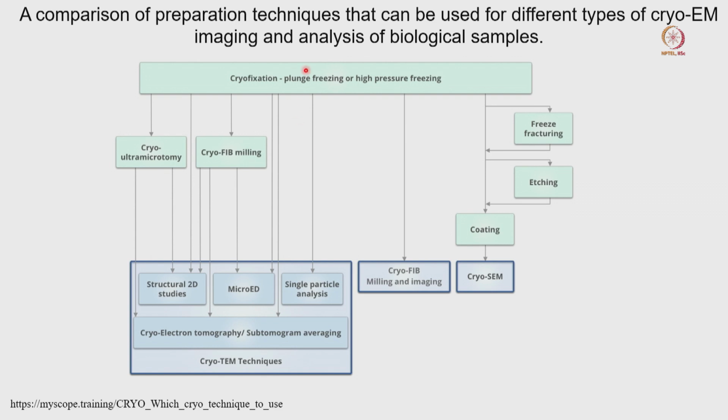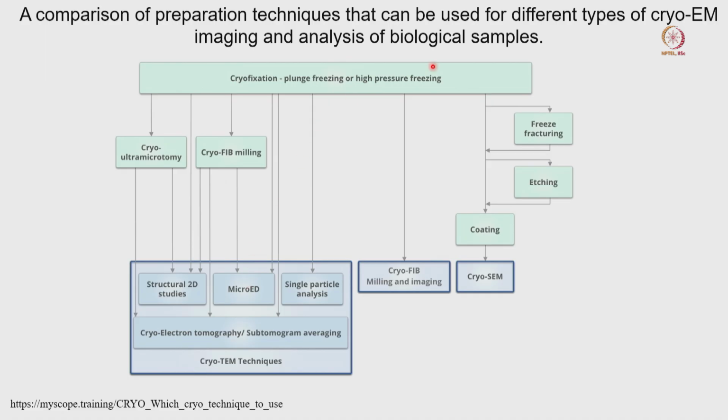Normally, when you have a purified protein sample, DNA-protein sample, RNA-protein complex or membrane protein, we can use plunge freezing and single particle analysis, which we already discussed. We can also perform MicroED, which we did not discuss in this class; maybe we can talk about it in the next course.